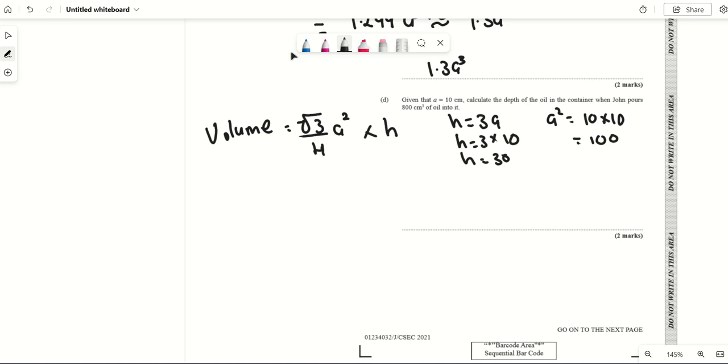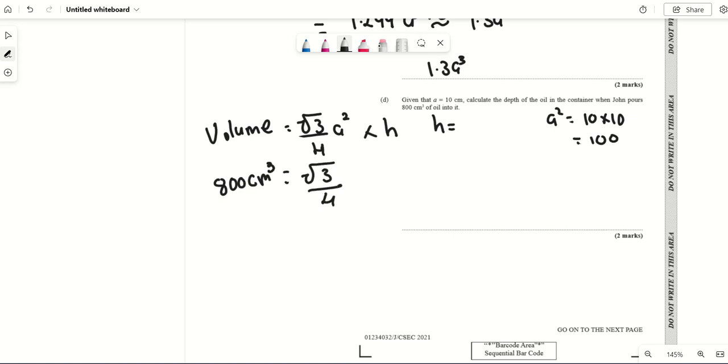No, sorry, my bad. We don't know what the height is because they're asking you for the height or the depth. So your height will stay as it is. We know a squared is 100, and we know that the volume is 800. So that's 800 cm cubed is equal to root 3 over 4 multiplied by 100 over 1 multiplied by height.